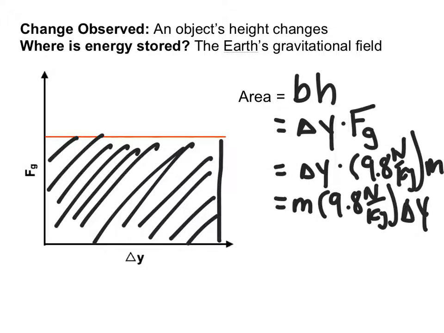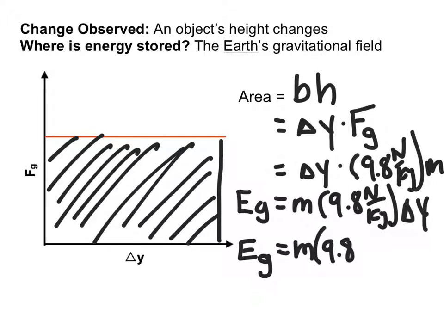And if you're in honors, you'll see I'll usually just write it like this. In regular, I like to just use an h for the change in y, but essentially they both mean the same thing. We're just talking about a height here.